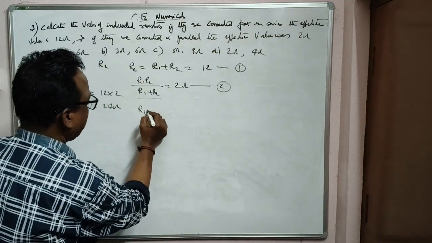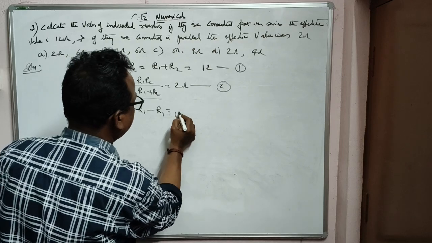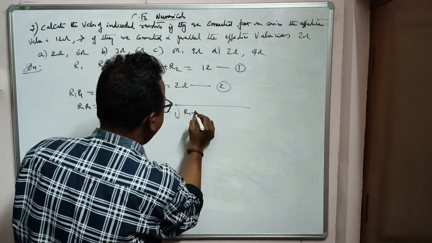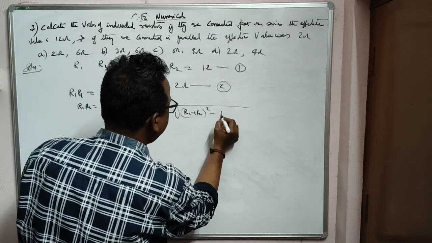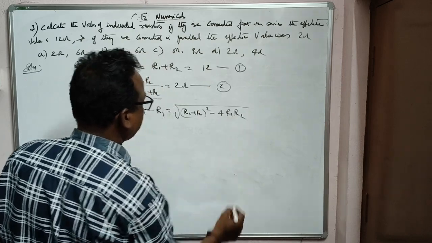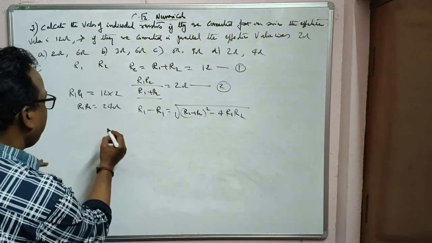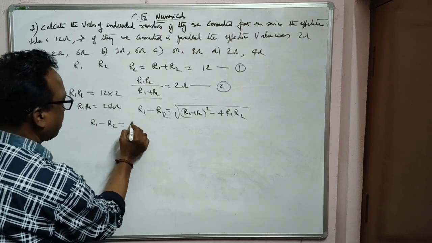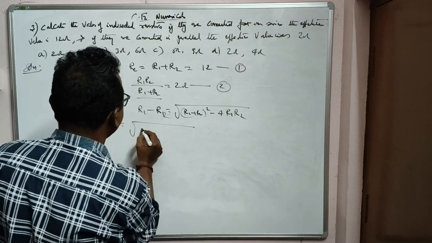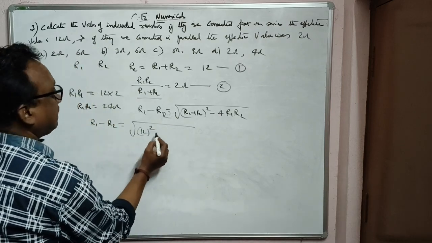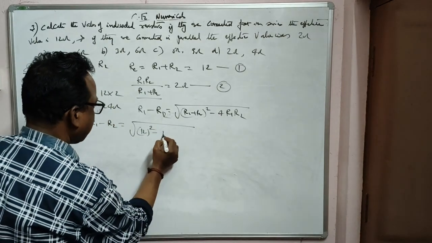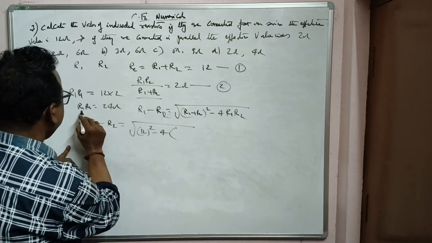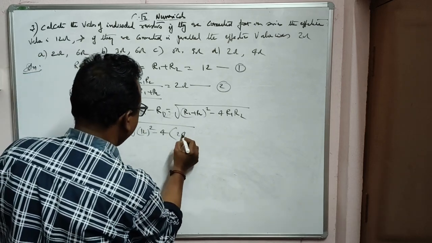So in mathematics, you know one algebra formula: R1 minus R2 is equal to root over (R1 plus R2) whole square minus 4 R1 R2. Therefore, R1 minus R2 is equal to root over 12 whole square minus 4 into R1 R2. What is R1 R2? 12 2s are 24.